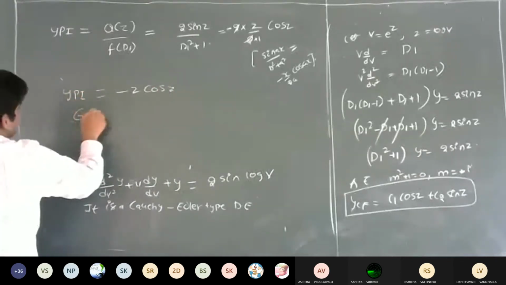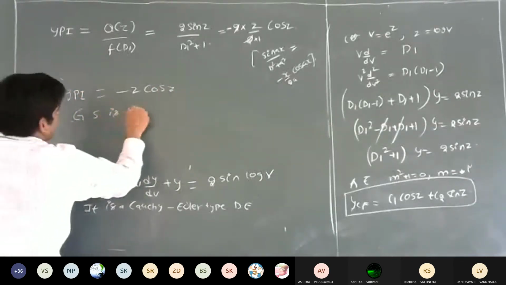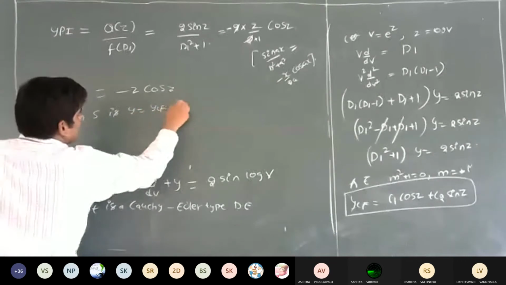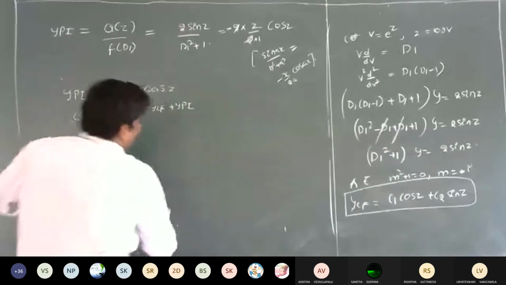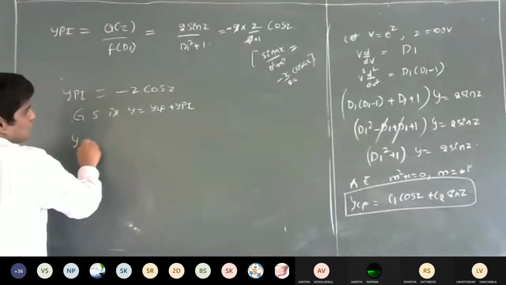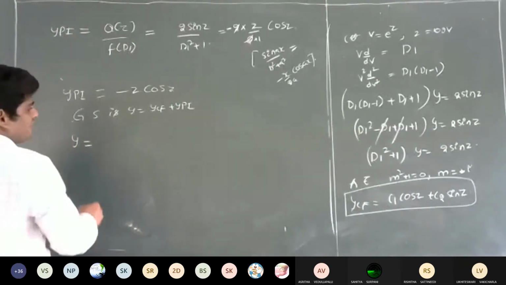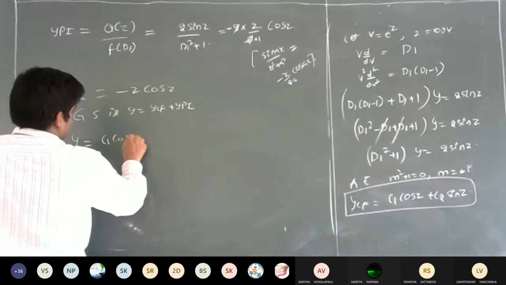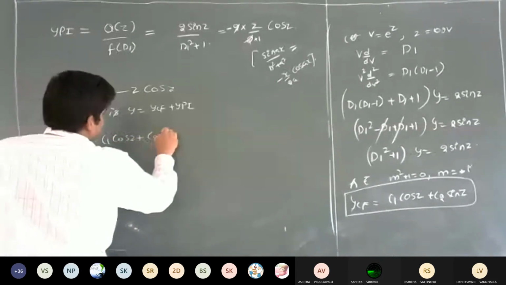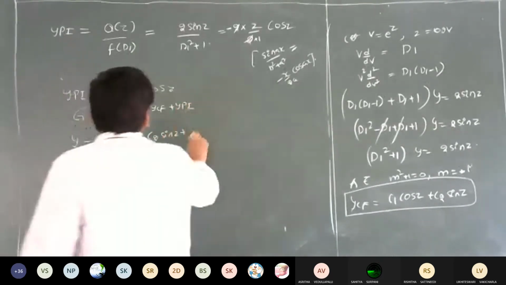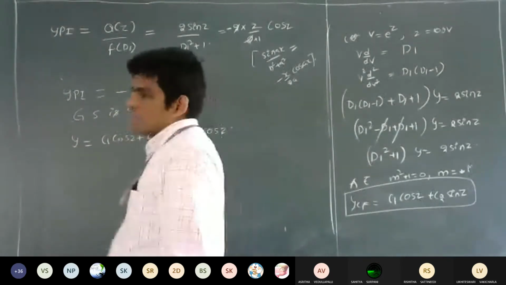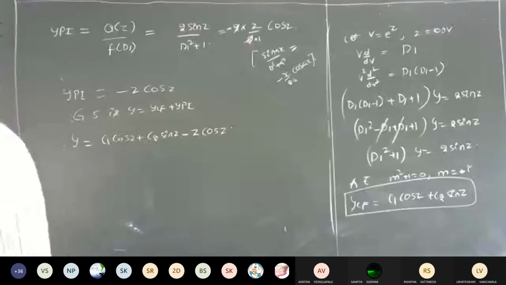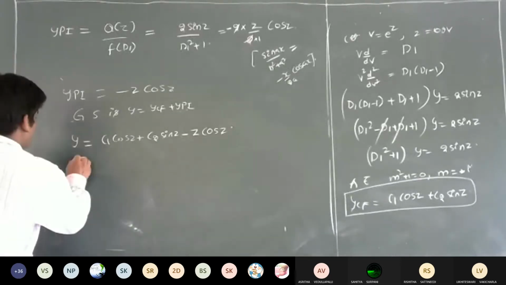Therefore the general solution is y is equal to YCF plus YPI. What is the CF value? CF is C1 cos z plus C2 sin z, plus what is YPI? YPI is nothing but minus z into cos z. But the originally given problem is in terms of x, so the answer should be in terms of x.